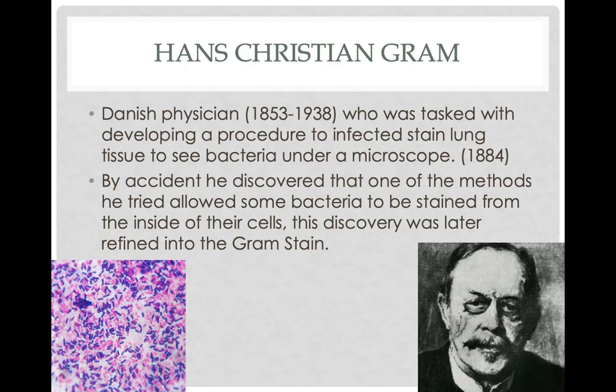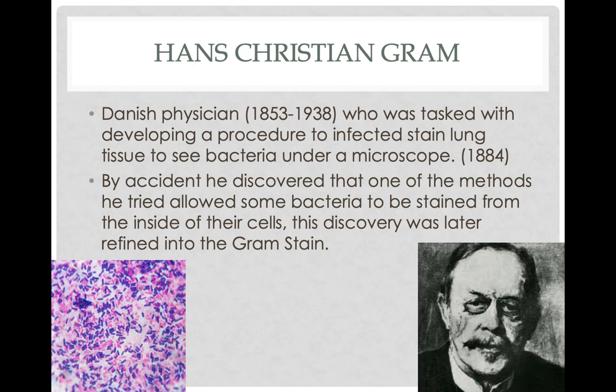So one of the most common things for a microbiologist to encounter, and one of the most introductory basic techniques in a microbiology lab, is something called a Gram stain. Gram stains were discovered in the 1880s by a guy named Hans Christian Gram. He's a Danish physician, and he was looking for a technique that he could use to stain different types of tissue that would allow bacteria to stand out against, say, lung tissue or liver tissue.